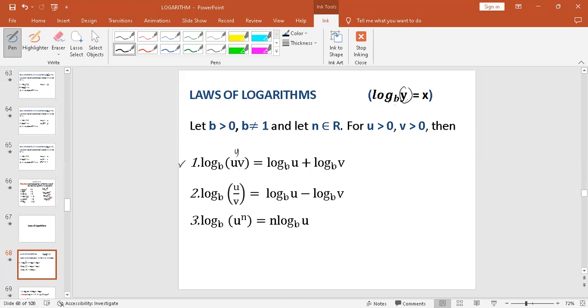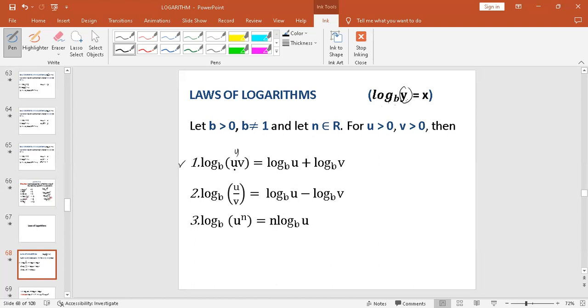Ngayon, its expanded form uses addition. So, yung u and v, paghihiwalayin using addition. So, we will have log of u to the base b plus log of v to the base b. So, this is the expanded form of the first law. Okay? By the way, in the first law, u and v are expressed as product.